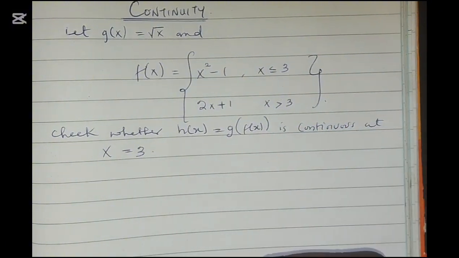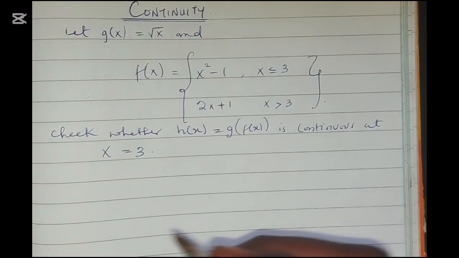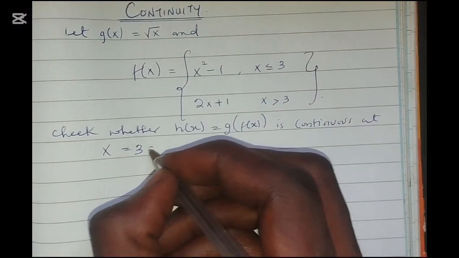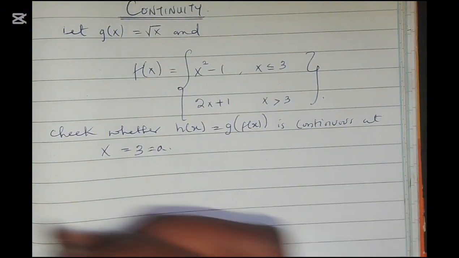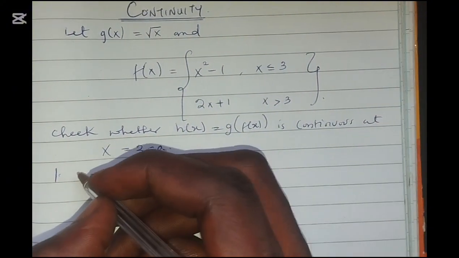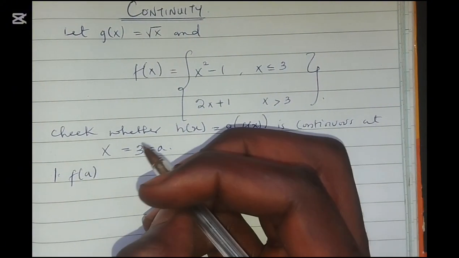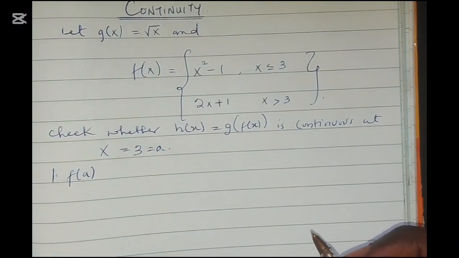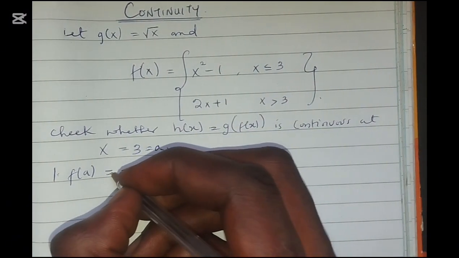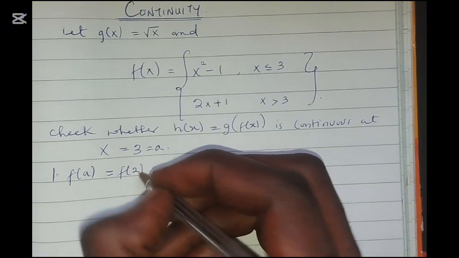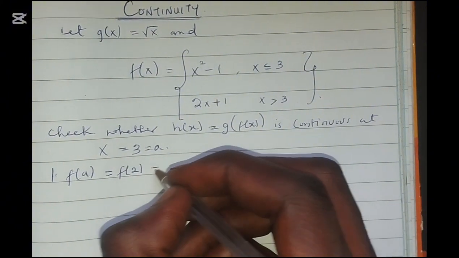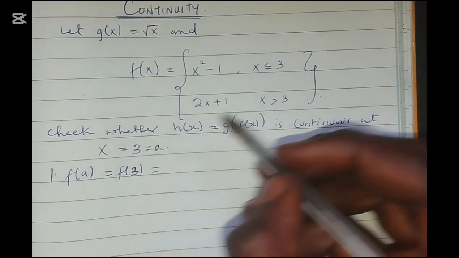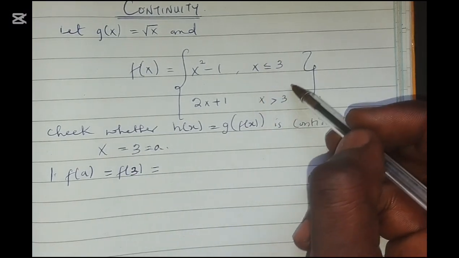The three conditions say that f of a must exist, and this is x equals 3, and this is equal to a. So the first condition says that f of a must be defined. Now, is f of a defined? F of a equals f of 3. Where do we have x equals 3 here?